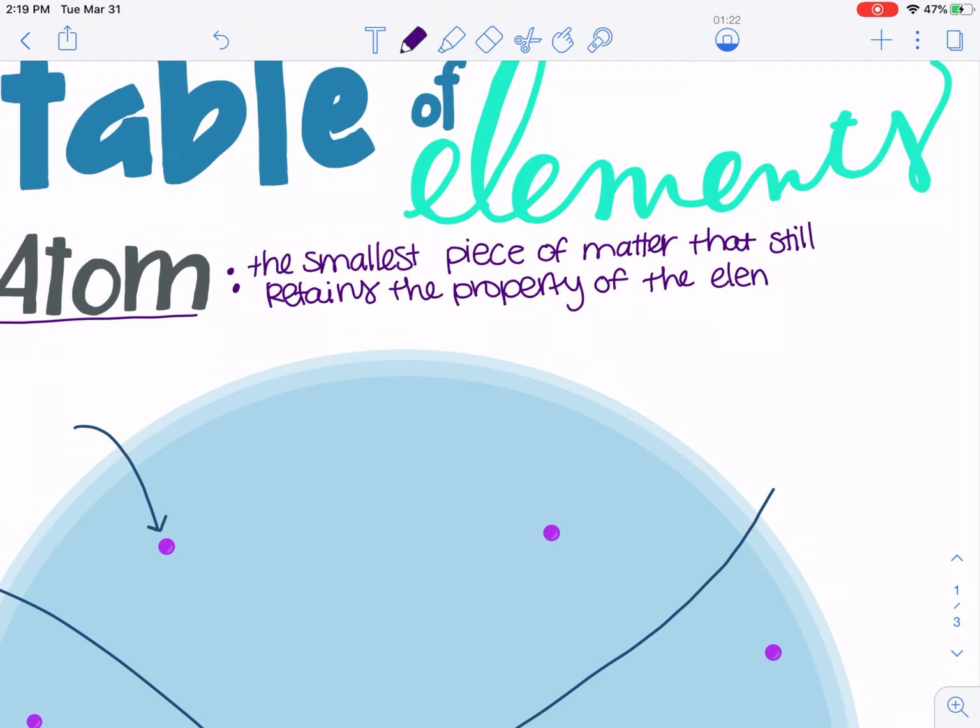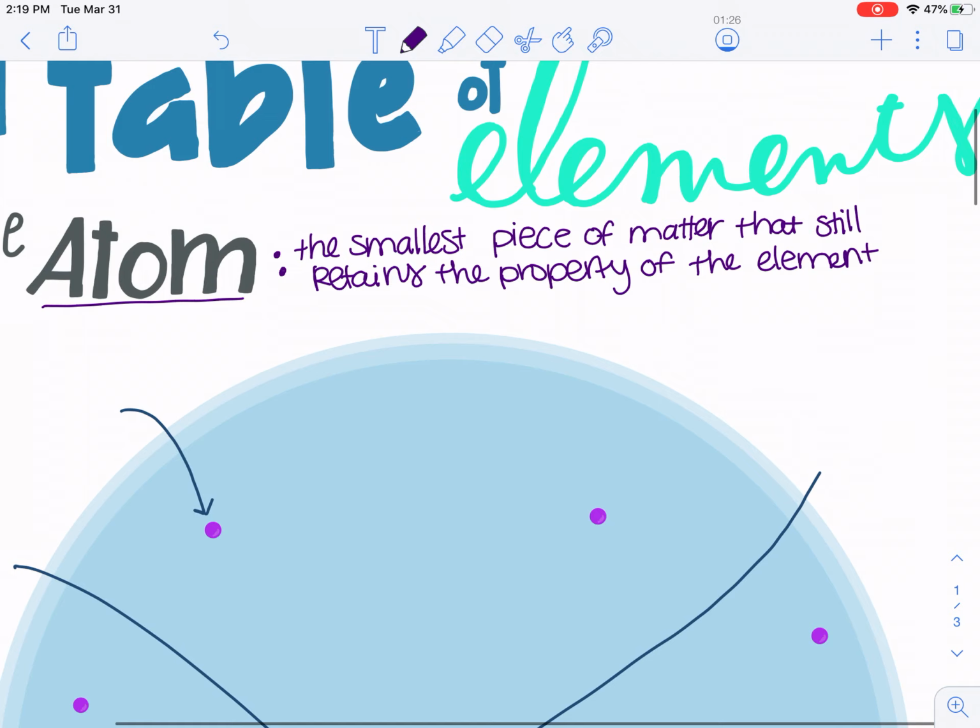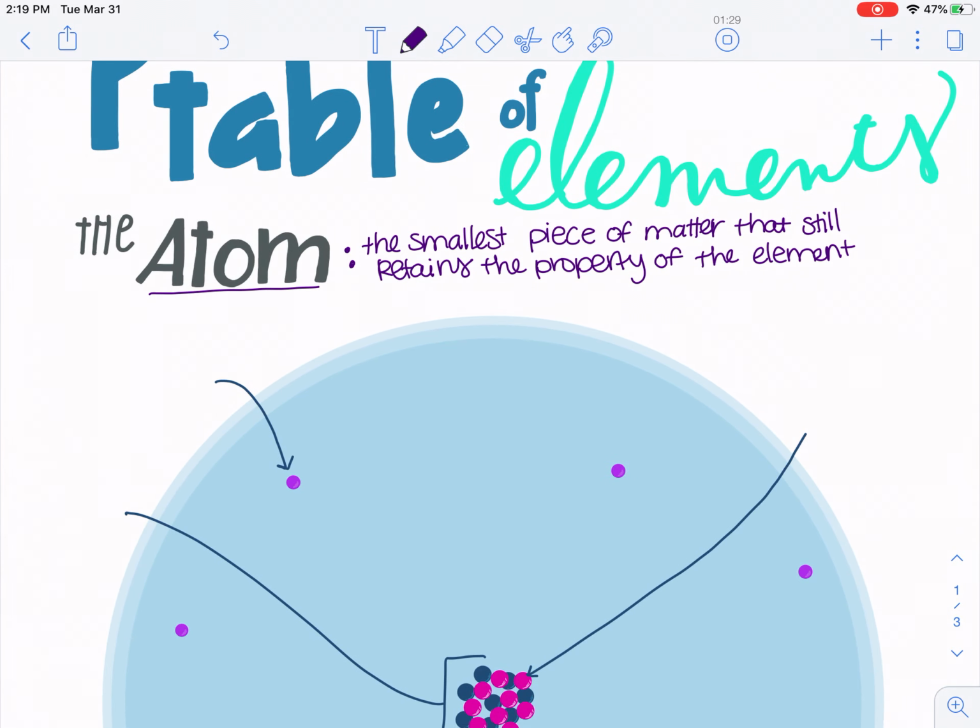The smallest piece of matter that still retains the property of the element.